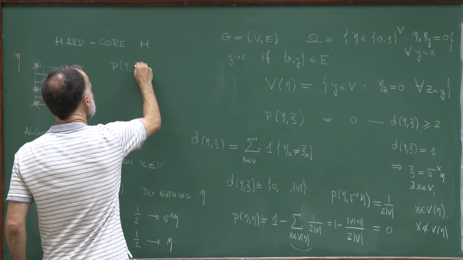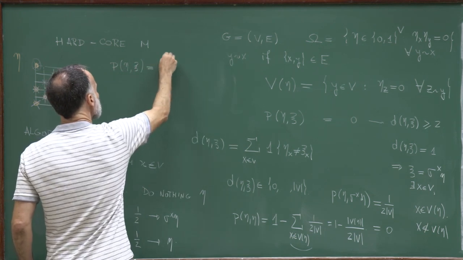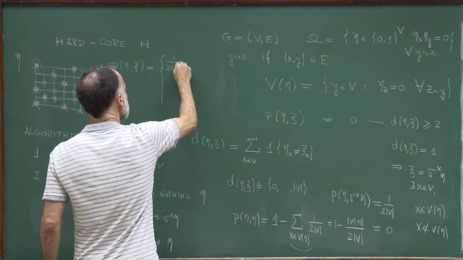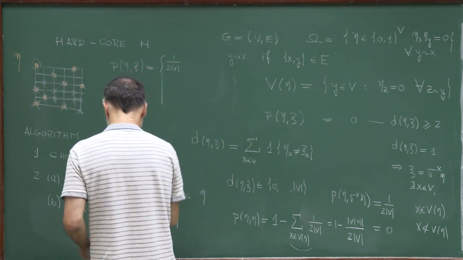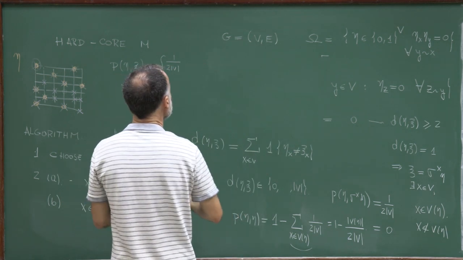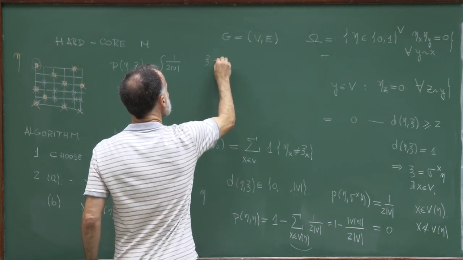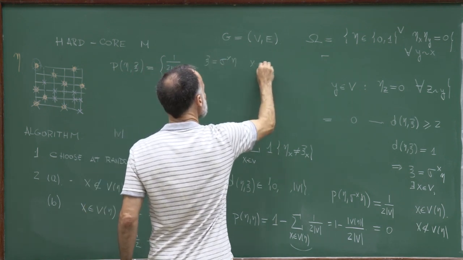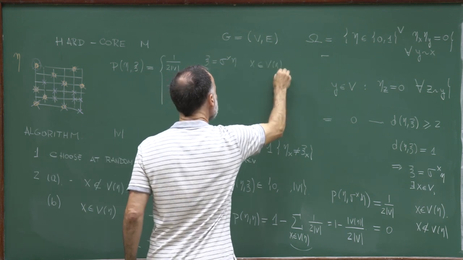The probability that you jump from eta to psi is equal to 1 over 2V if psi is equal to sigma x eta, and x belongs to V of eta.